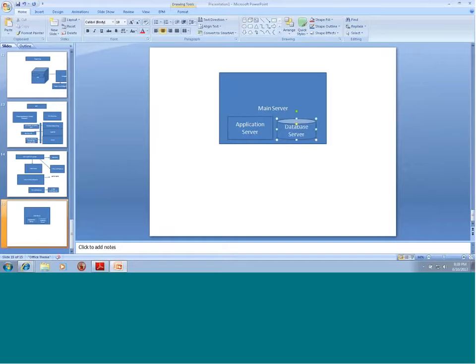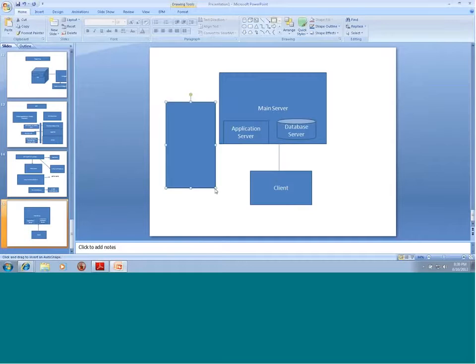So the main server contains both the application server and also the database server. And on top of that, we have something called a client. So these two comprise the two-tier architecture. The client interacting with the main server is referred to as the R2 architecture. So this is the R2 architecture.